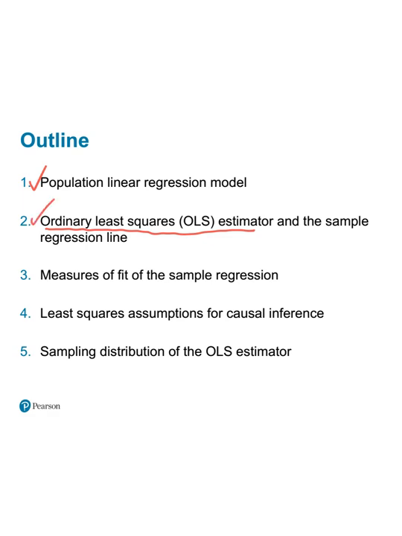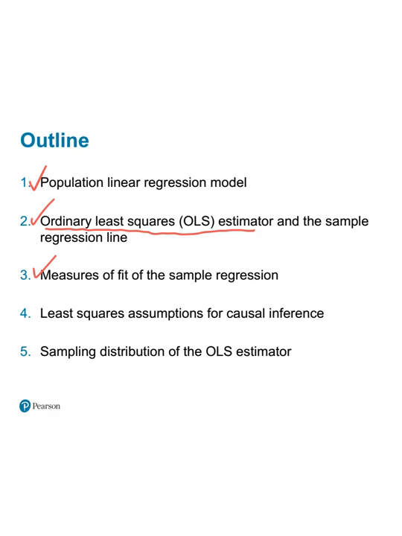Once we've done that, we'll talk about measures of fit. Right, it's one thing to actually estimate relationships. It's another thing to say how strong this model is in predicting your dependent variable. Just because you've run some fancy regression doesn't necessarily mean that the results are valuable or that they explain the world to a sufficient degree.